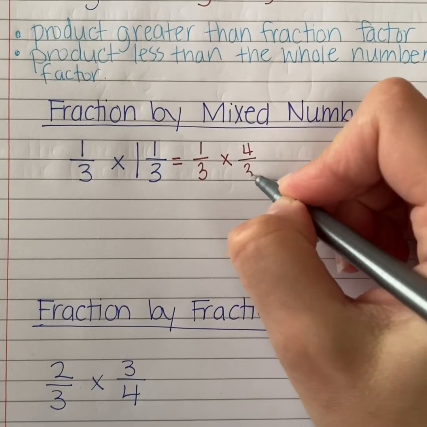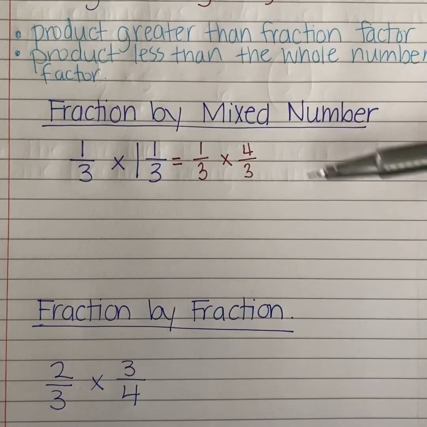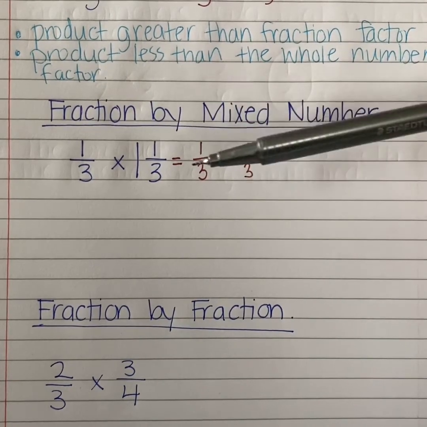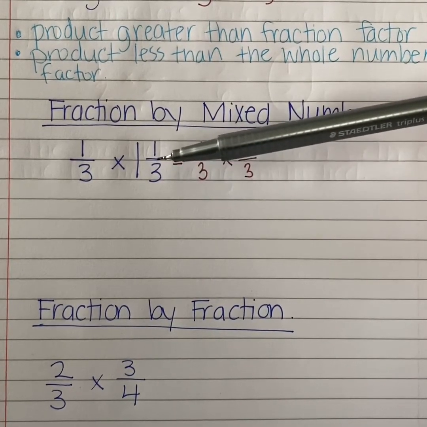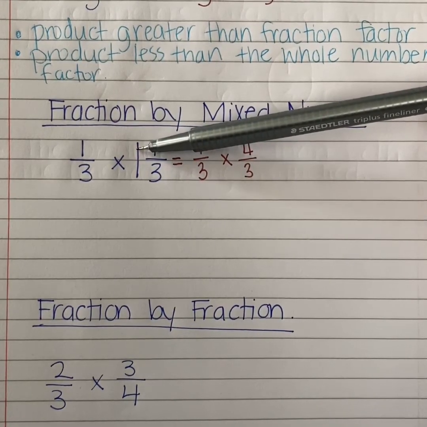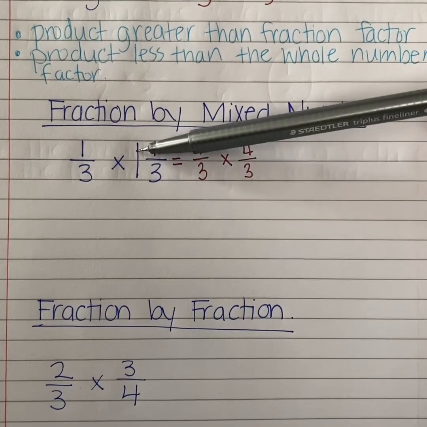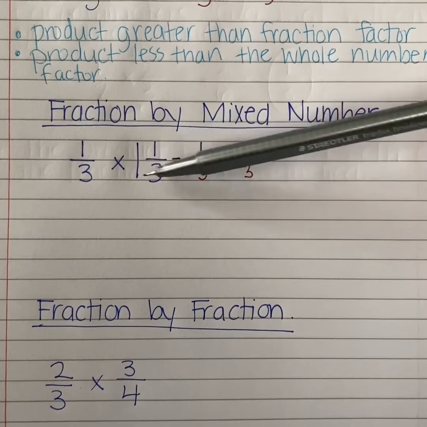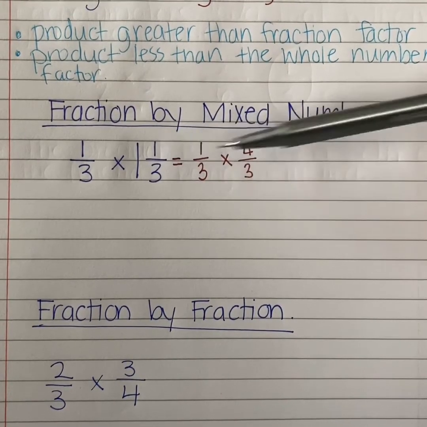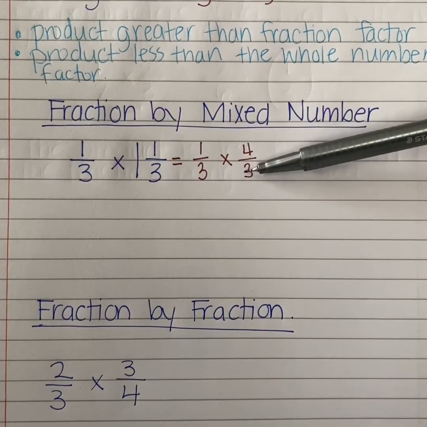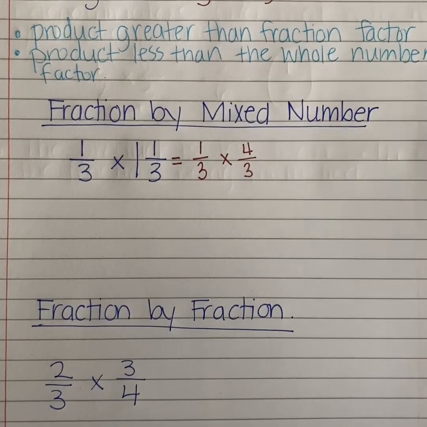Now there's also what I'd like to call maybe just a little trick that I learned when I was learning how to originally turn a mixed number to an improper fraction, is you'll multiply the whole number by the denominator, so 1 times 3, and then you add the numerator. So 1 times 3 plus 1 is 4. So we got 4. And this is broken up into thirds, so the denominator will always stay the same.